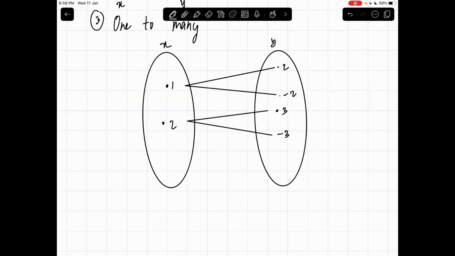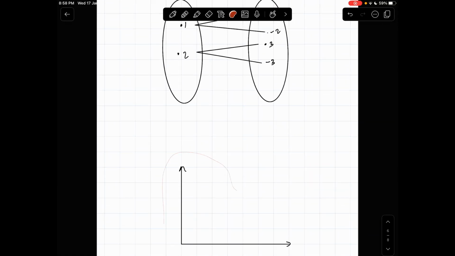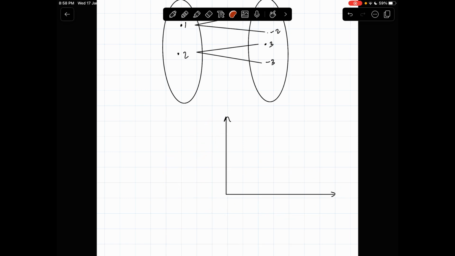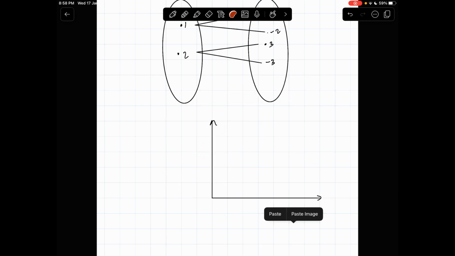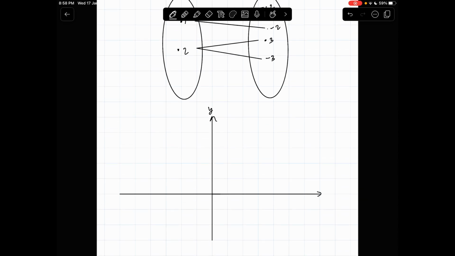If you were to plot this in a graph, it will look something like this. Bear with me for a second. Let me draw it out. I have to extend it by a bit. This way and this way. Alright, so we'll have y here, x here. 1, 2, 3, -1, -2, -3. Then we'll have 0 here. 1, 2, 3.